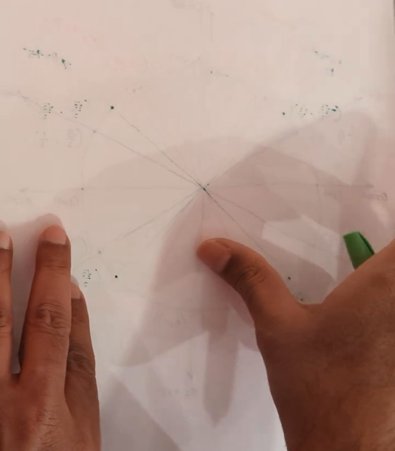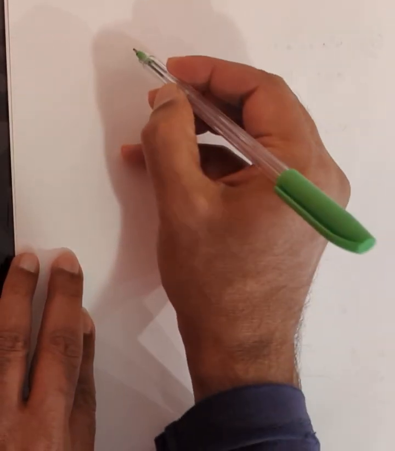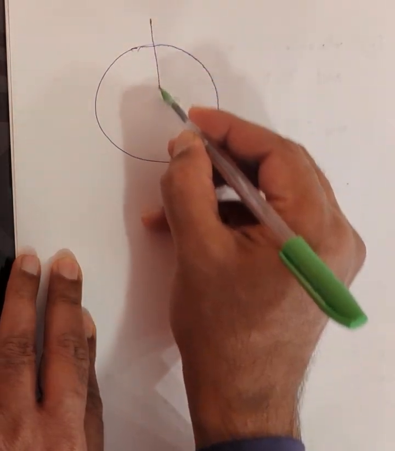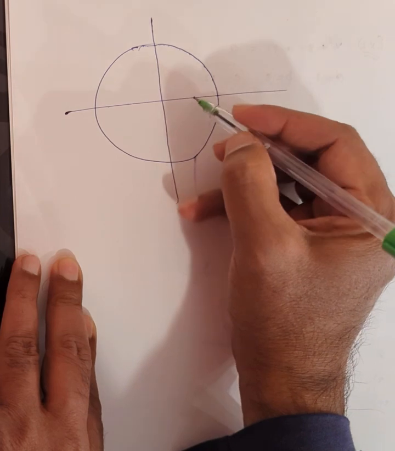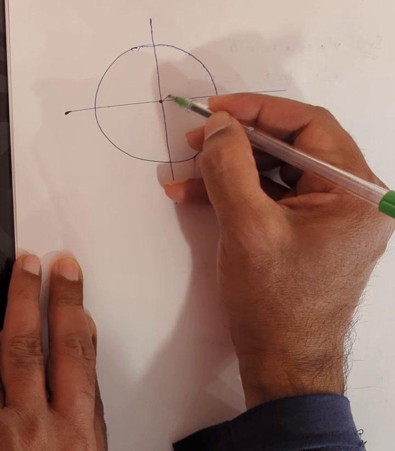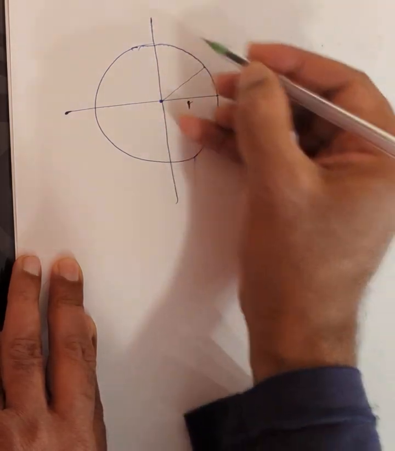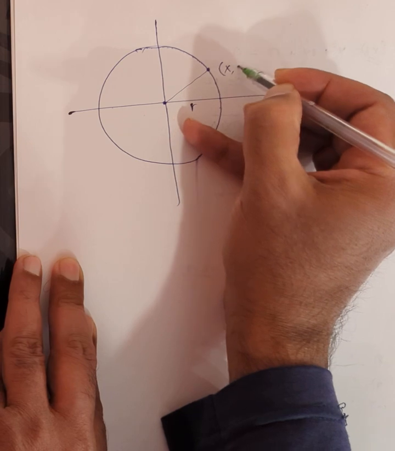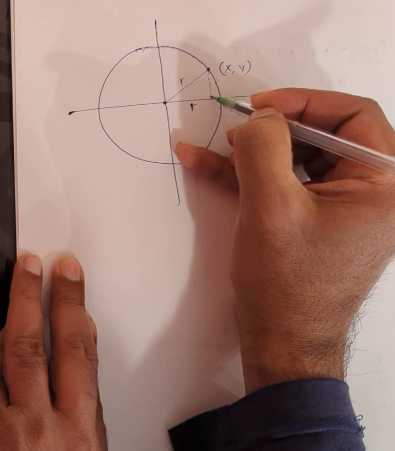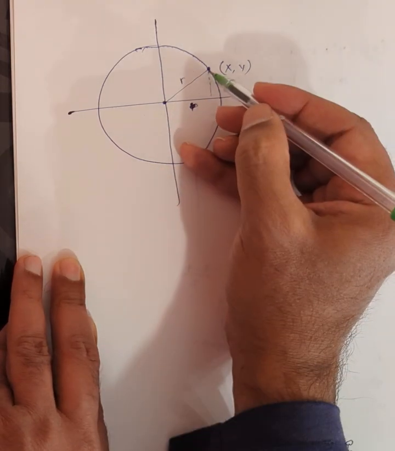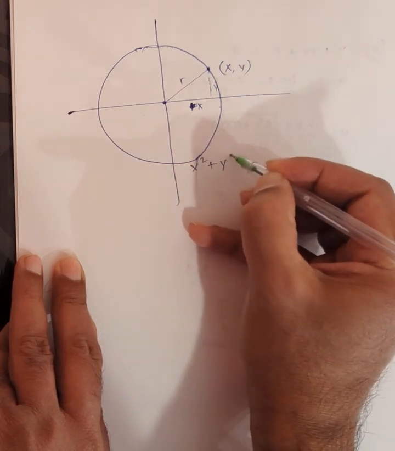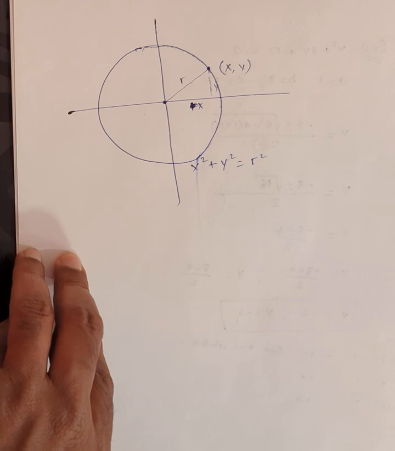Now, this is also trying to tell us something. If you have a circle whose center is at the origin and whose radius is r, then if you take any point x comma y, you know that this is r, this is x and that's y, then its equation is x square plus y square equals r square.